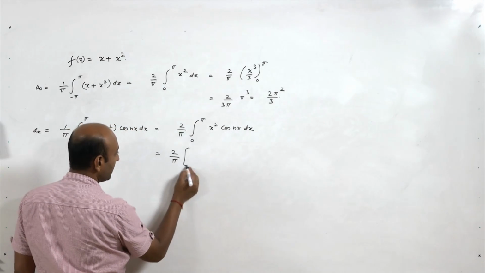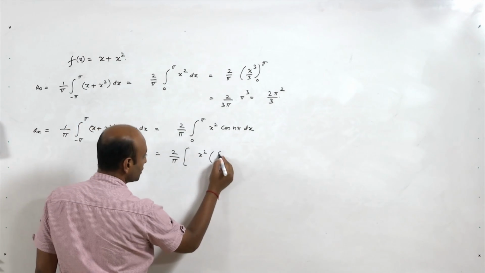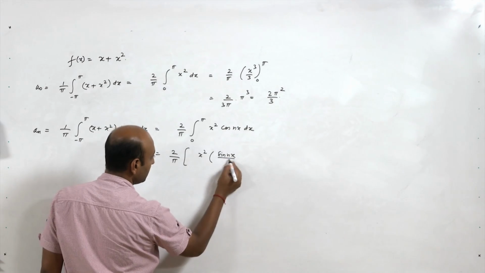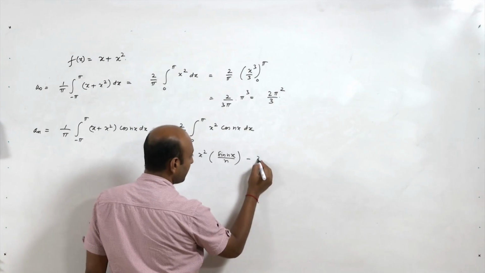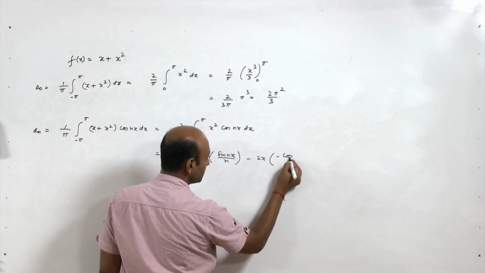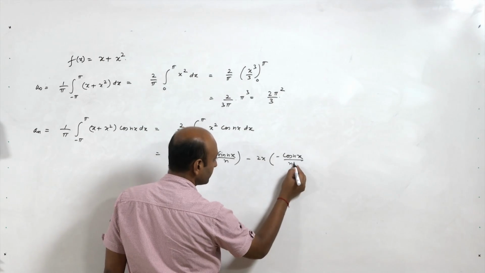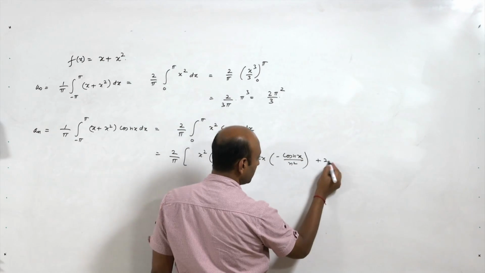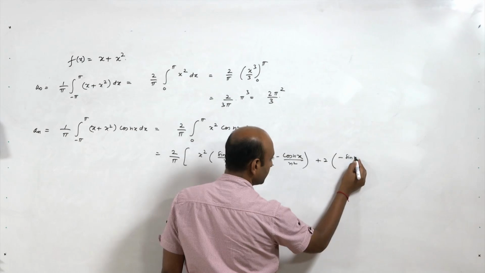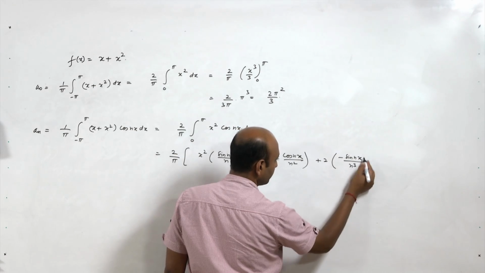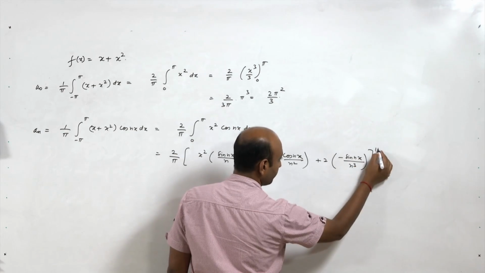It is 2 upon pi, x square times the integration of cos n x, which is sine n x upon n, minus the derivative of x square times the integration of this, plus 2 times the integration of this, from 0 to pi.